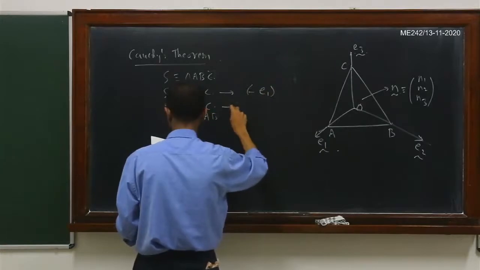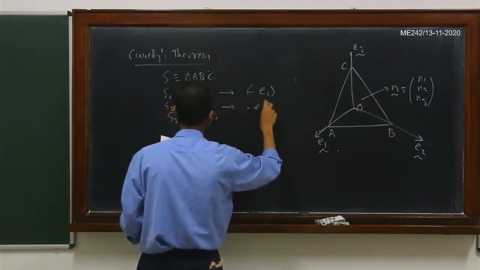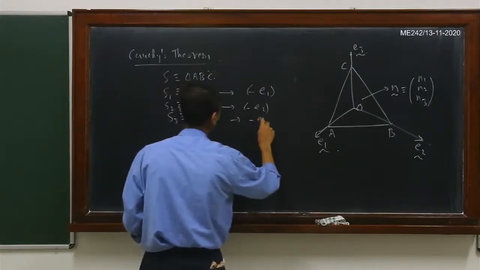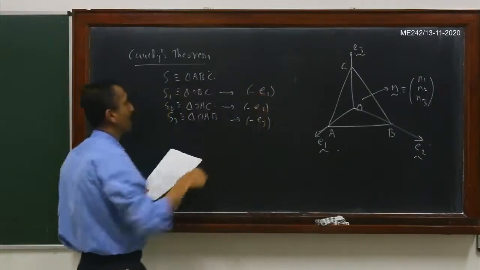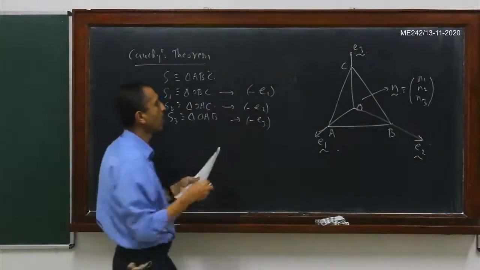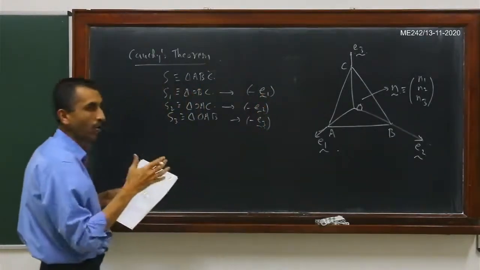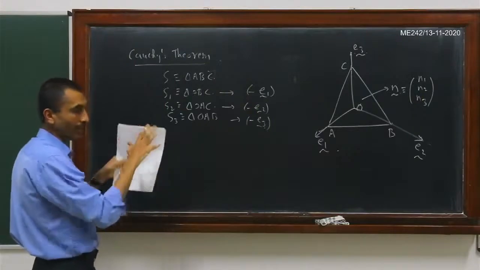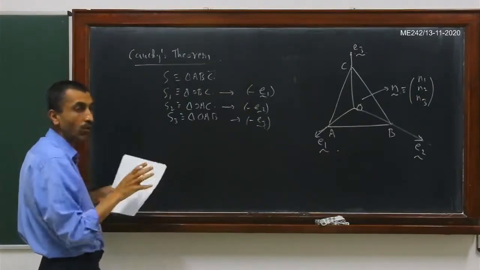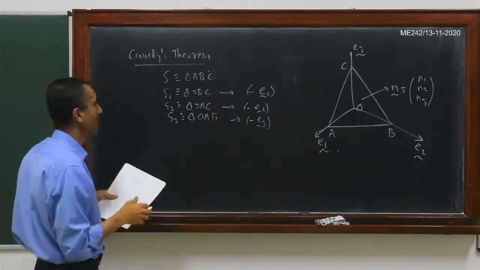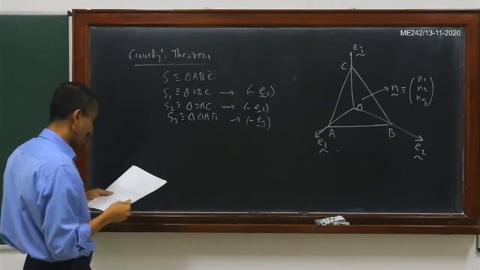The outward normal to this face is minus E2, and the outward normal to OAB is minus E3. What I am indicating here are the outward normals to these faces. By outward we mean that whatever is pointing away from the tetrahedron is what we call the outward normal.